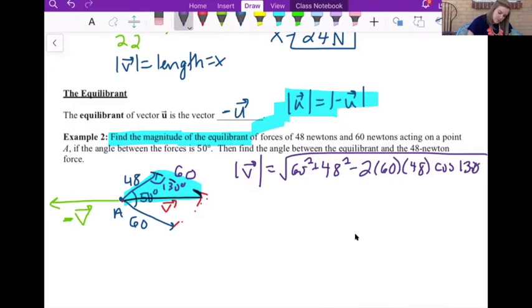And so again, we would type this into our calculator, and we get that the magnitude of v and its equilibriant is going to be 98 newtons.